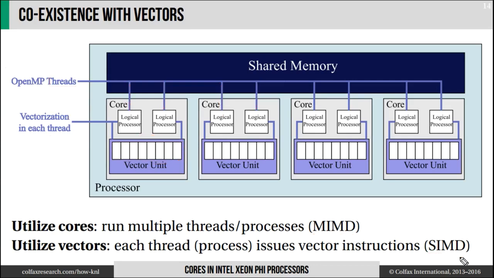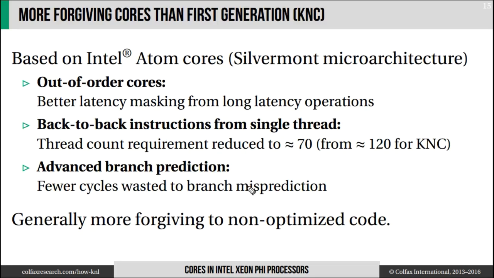This organization of cores and vector units is common across all Intel architecture processors, including Xeon Phi, second and third generation, and Xeon. But if you compare second generation Xeon Phi with first generation, you will find significant improvements. Second generation Xeon Phi cores are based on Silvermont architecture.